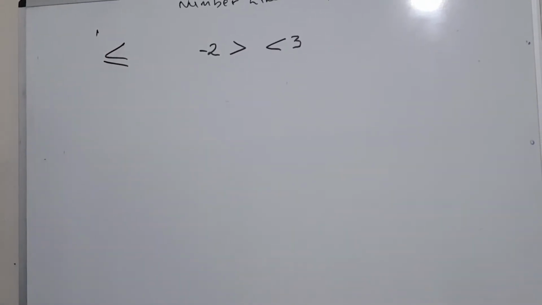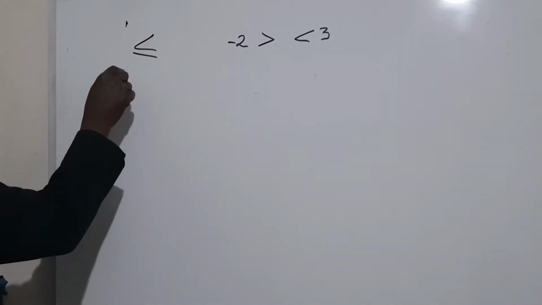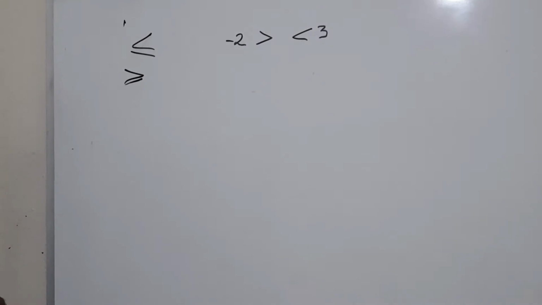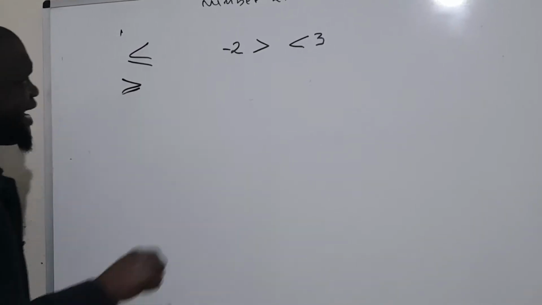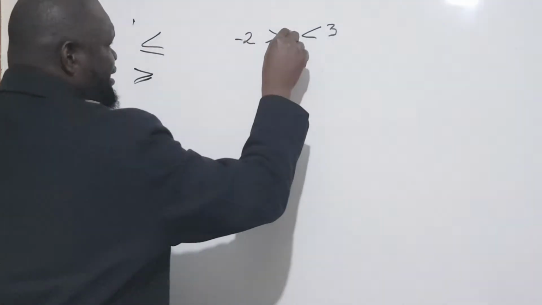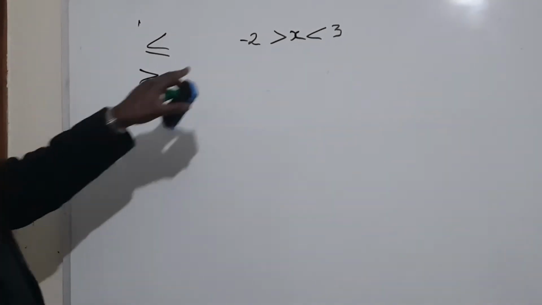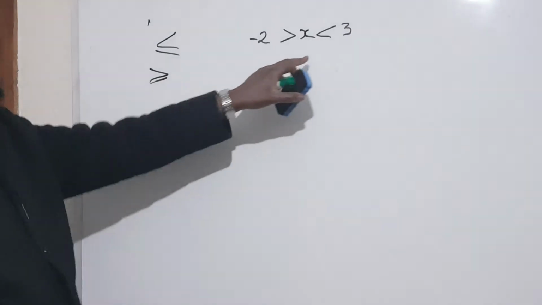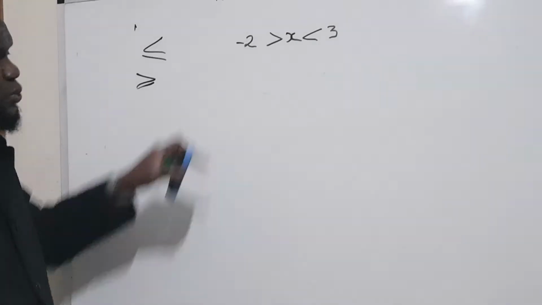I didn't tell you that. Less than or equal to is like this, isn't it? Greater than or equal to maybe looks like that, okay? Now, in the exam, they give you a variable, let's say x, the unknown number, or the series of numbers must fulfill this equation. They must be less than 3, but greater than minus 2.